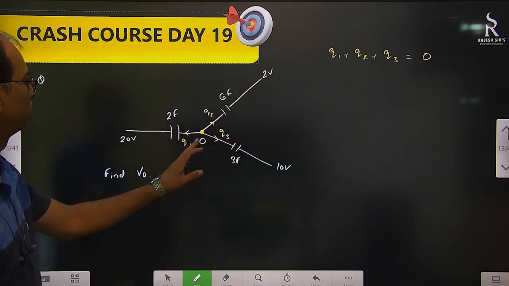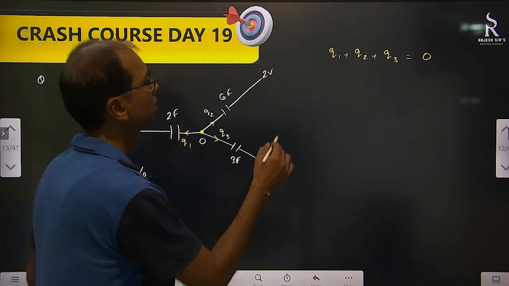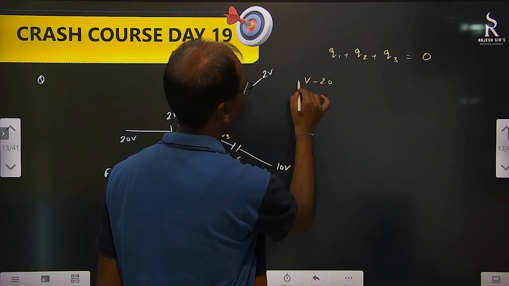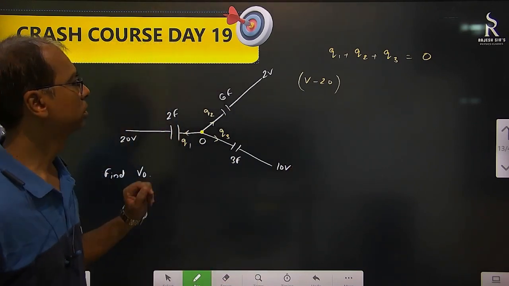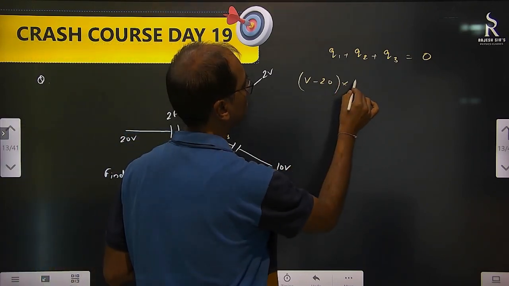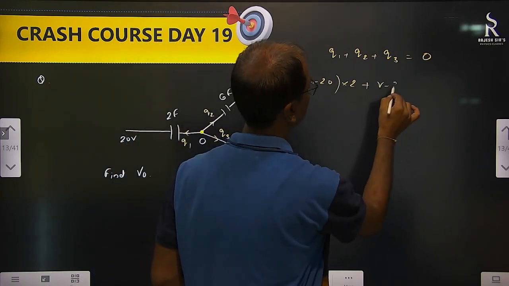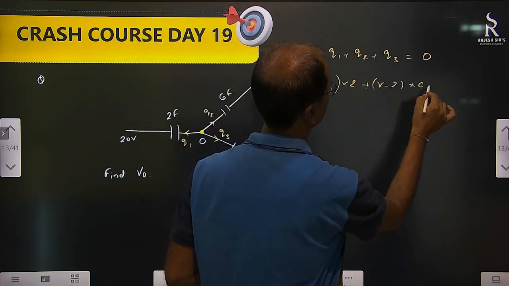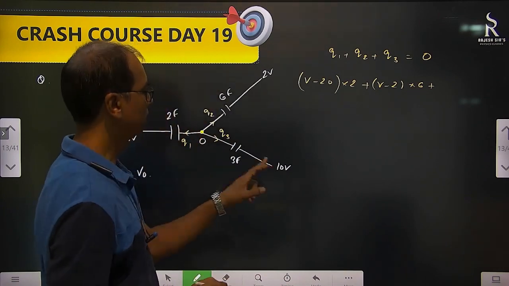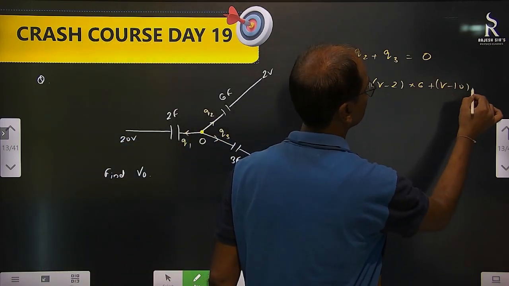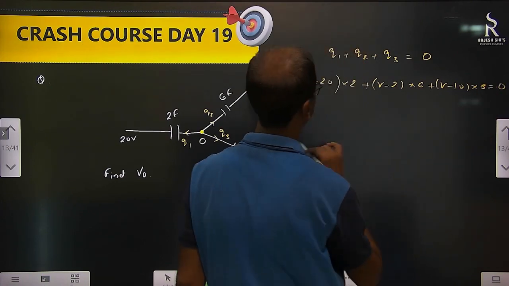Q1 means (V minus 20) into 2, plus (V minus 2) into 6, plus (V minus 10) into 3, equal to 0.